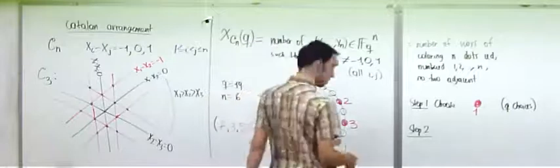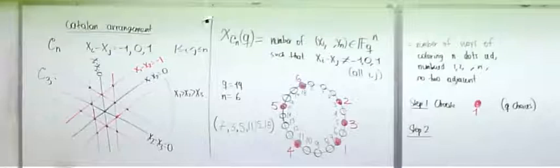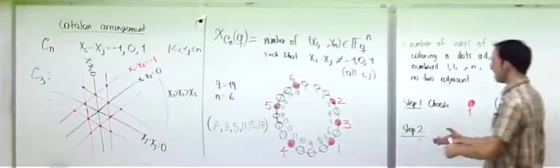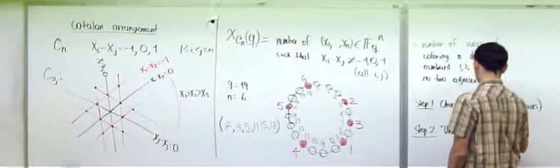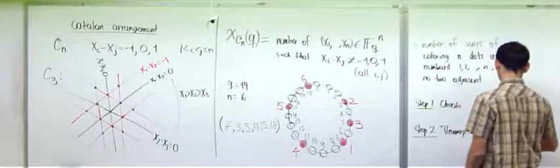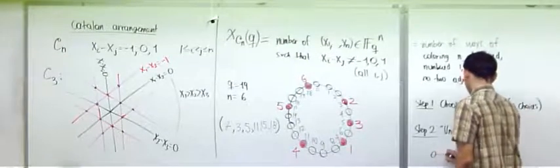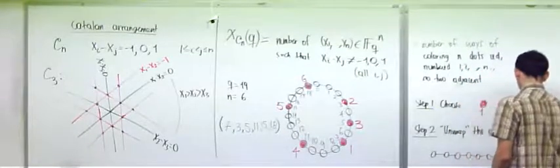Okay, so now once I've chosen my dot number 1, then what I'm going to do is take this finite field and unwrap it and just make it into a straight line. Okay. Unwrap the circle, and so it's going to look like this.